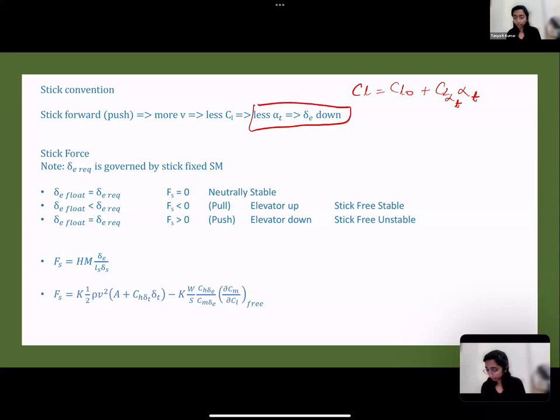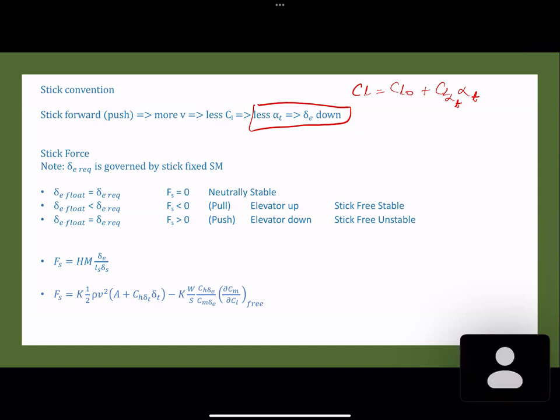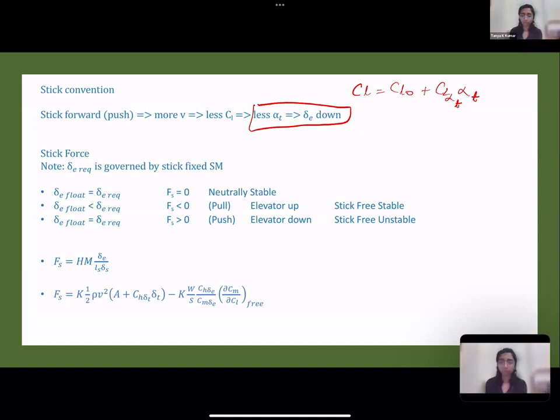If I deflect my elevator down, how is alpha tail reducing? How is the angle of attack at the tail reducing?